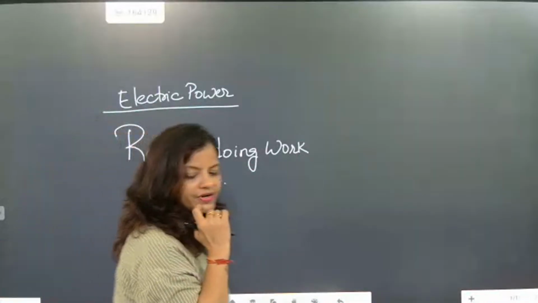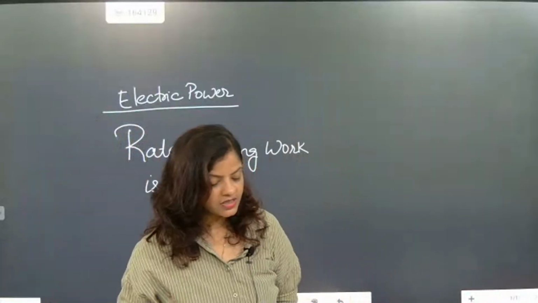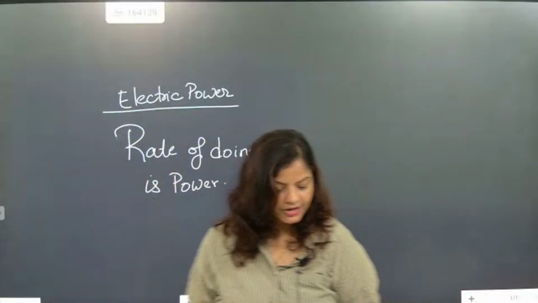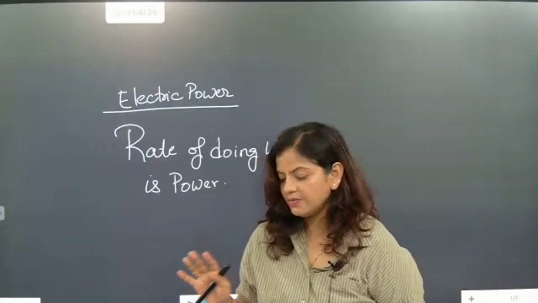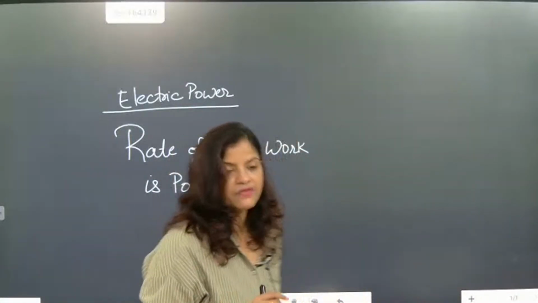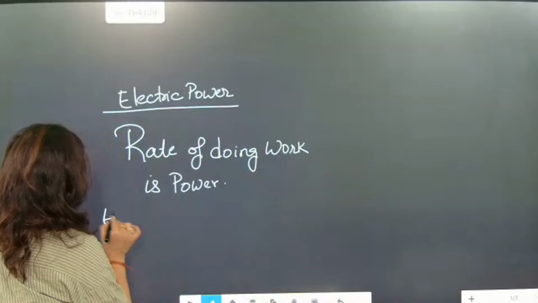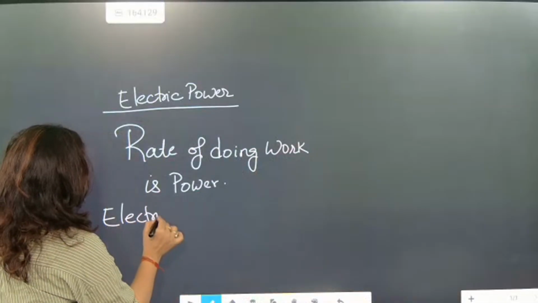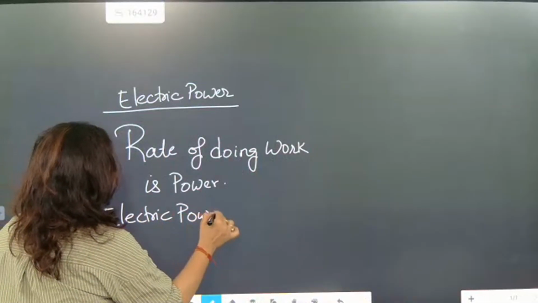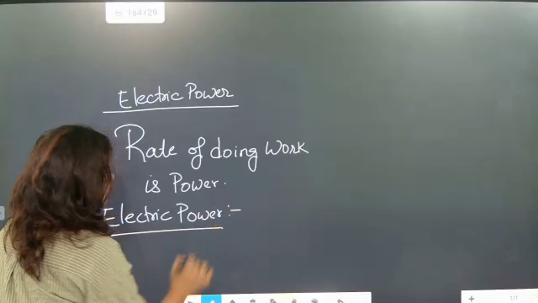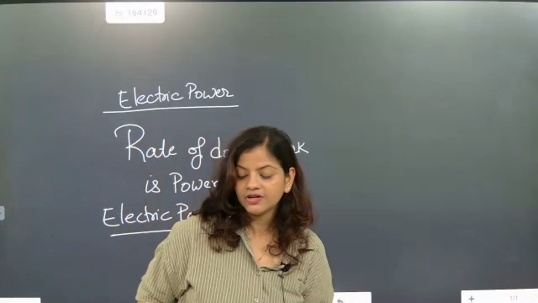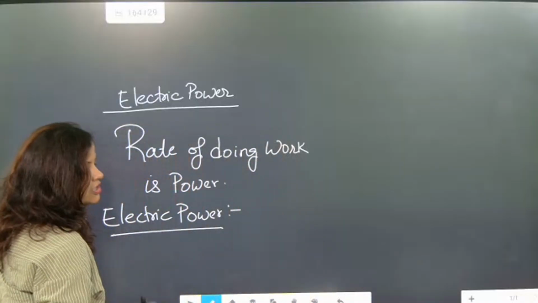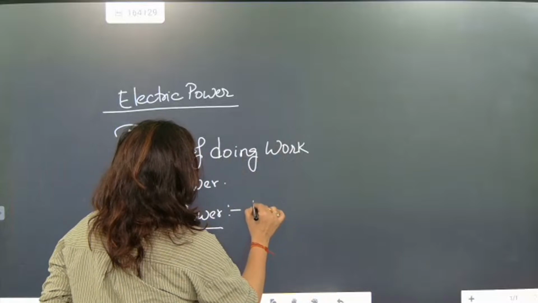I hope you have understood. And electric power is electrical work done per unit time. If someone asks what is electric power, what will you say? Electric power is the electrical work done per unit time.